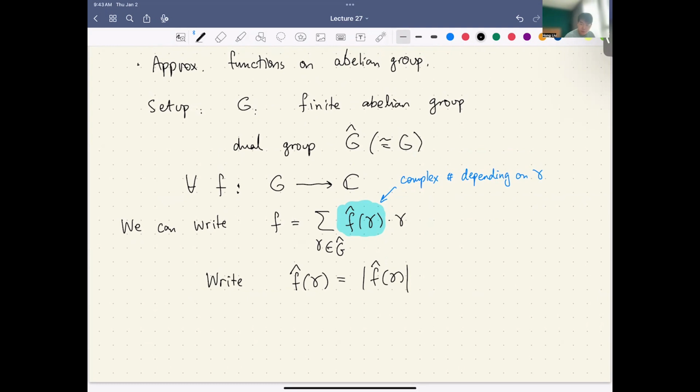When we take out the norm, we have to multiply by the rotation, so let's call it c sub gamma, a rotation with norm 1. So we can write f as the sum over gamma in G hat of this number times c gamma times gamma.